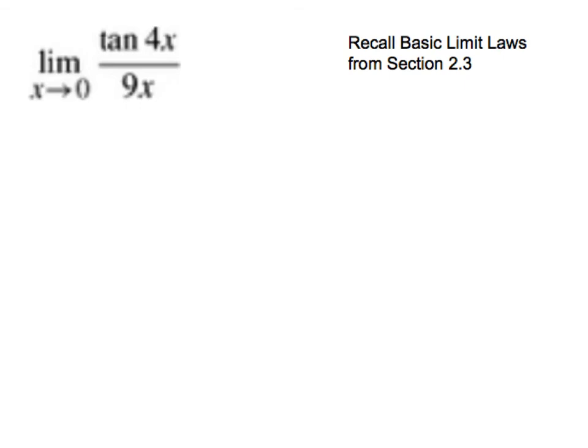Okay, so tan 4x over 9x as x goes to 0. So immediately, when we see a tan, we're going to change it to sine over cosine.